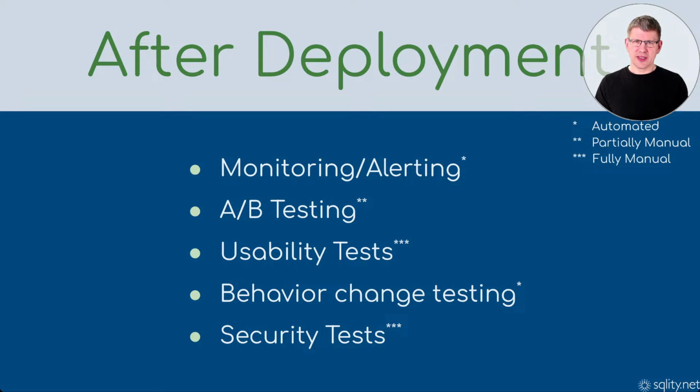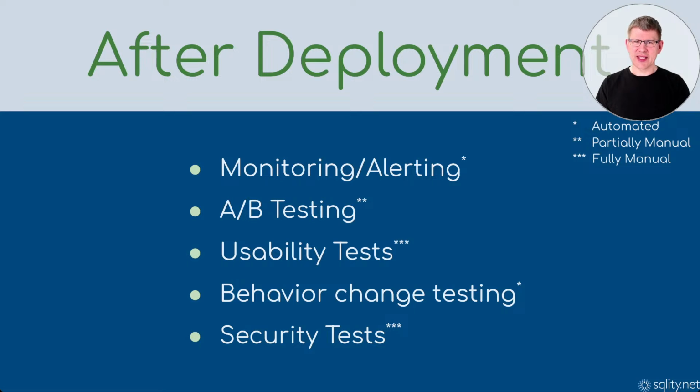Those can be automated. You need to make the decisions of what to test every time individually. So that part is not automated, but the actual execution of the test is fully automated. Afterwards, you need to review the results, which again is not automated. So in total, A/B tests are partially manual.